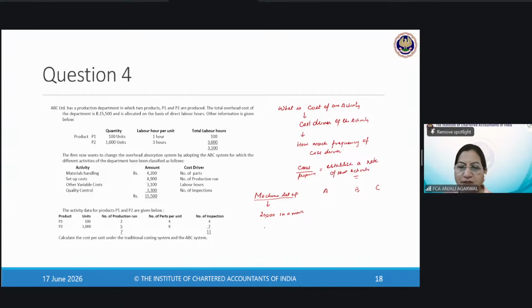Now, in this month, the machine was set up 200 times. So the cost driver is how many times you are setting up the machine. Total cost was 20,000. Machine was set up 200 times. So if you establish the rate, it comes out to be 100 rupee every time the machine is set up.